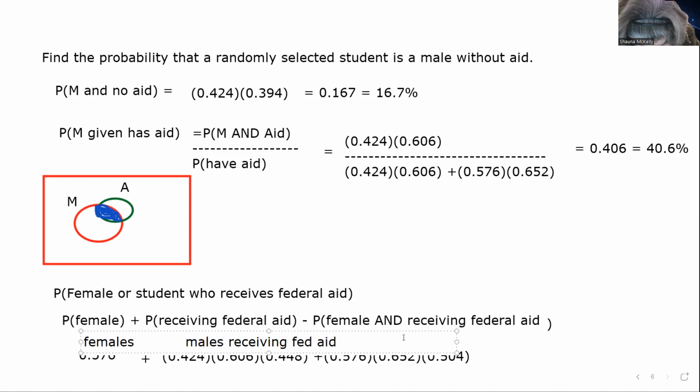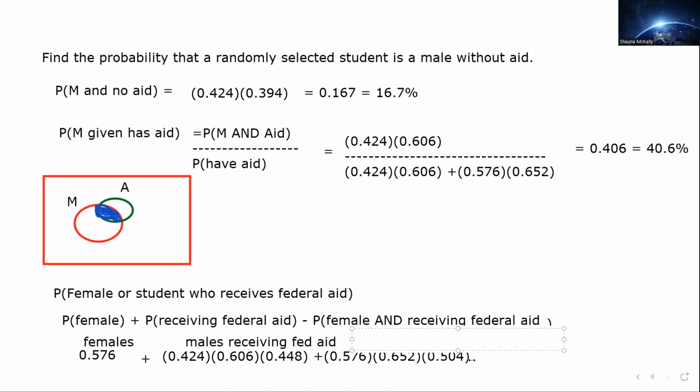And then I have my females receiving federal aid, but I already know that I'm removing those people because I'm taking off the females. So what I'm going to do is remove these females, okay? So these are my females who receive federal aid at this point, because I need to account for that. So I'm just going to remove the females who receive federal aid.